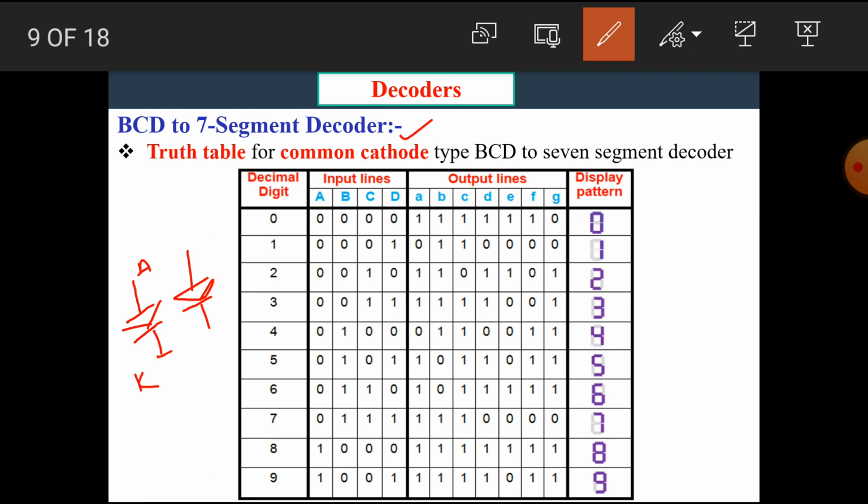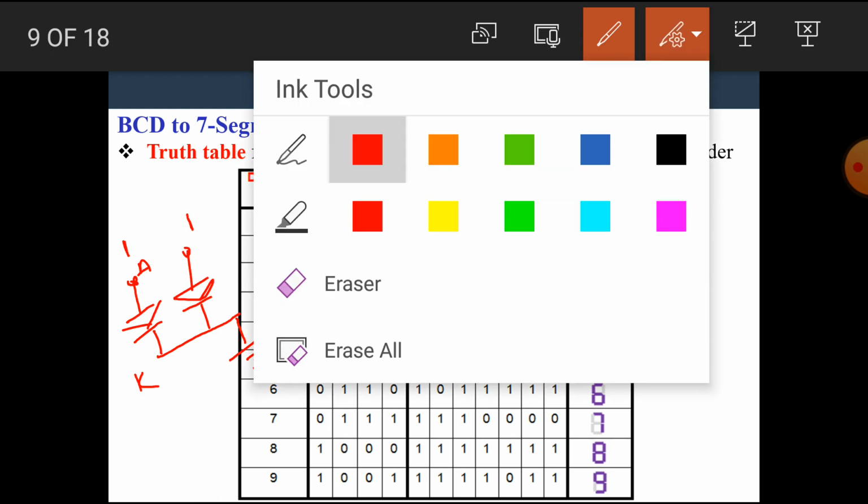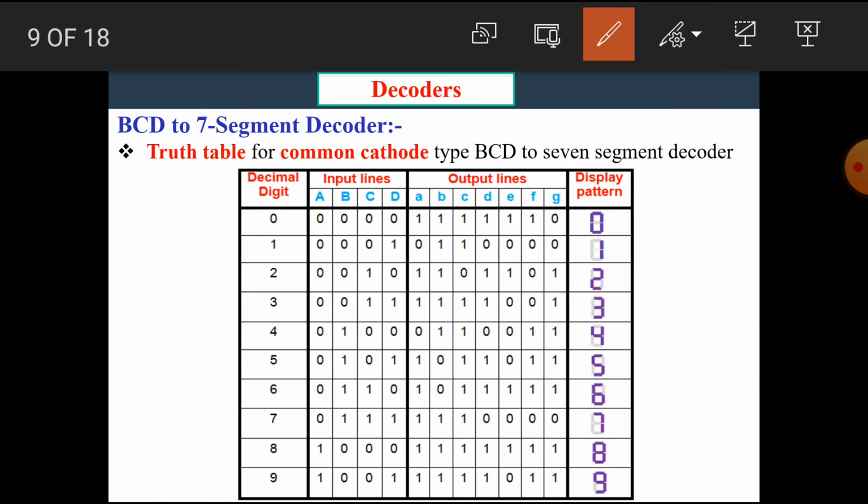In common cathode display, all the cathode terminals are connected together and given to ground. If we want to turn on a proper segment, then we have to give it a value 1, that means plus VCC. Then and only then can this LED be turned on.